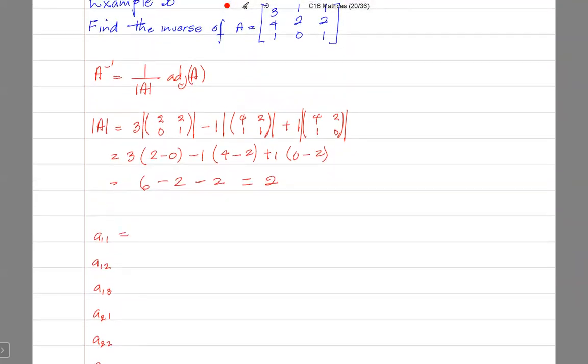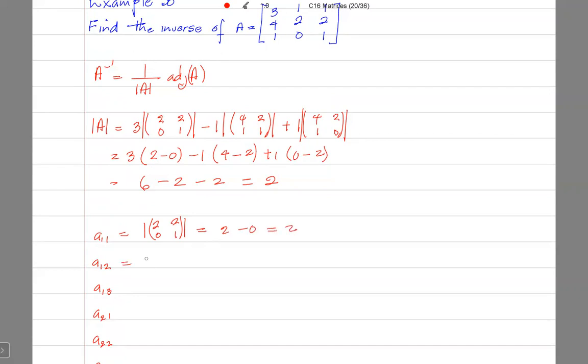The first one is the coefficient of 2, 0, 2, 1, which is 2 minus 0, which is 2.